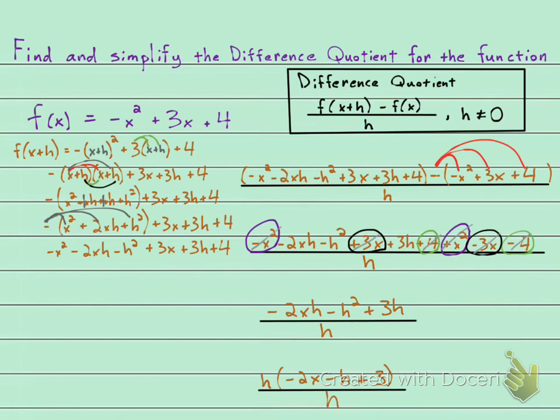And now the last step, I notice that h in the numerator will cancel out h in the denominator. And now I'm going to have my answer: negative 2x minus h plus 3. And this is the difference quotient.